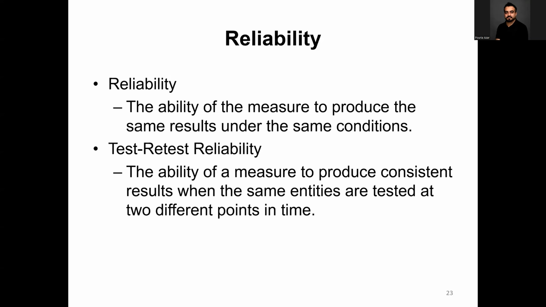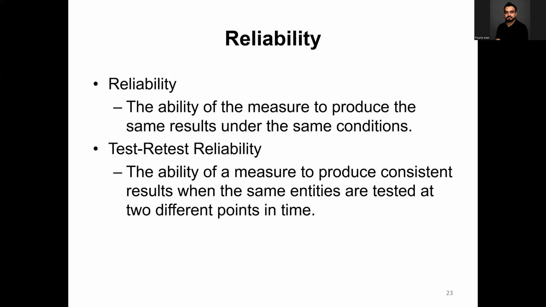Test retest reliability is the ability of a measure to produce consistent results when the same entities are tested at two different points in time. For example, let's say we have a 24 month program and we are measuring self-efficacy. We are using the same person at baseline and at 24 months endpoint.